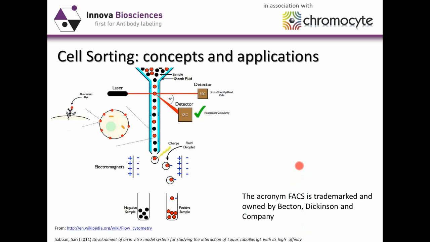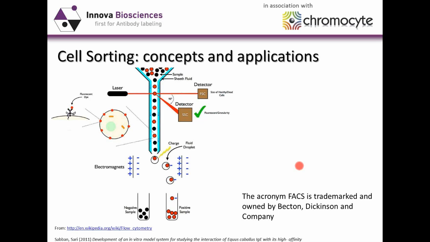So I just want to highlight the concept of cell sorting. We have a number of very high throughput cell sorters available to us these days, and essentially what cell sorting allows you to do is identify cells passing through your flow cell, either on the basis of forward and side scatter or on the basis of their expression of fluorescent molecules, or a combination of both.